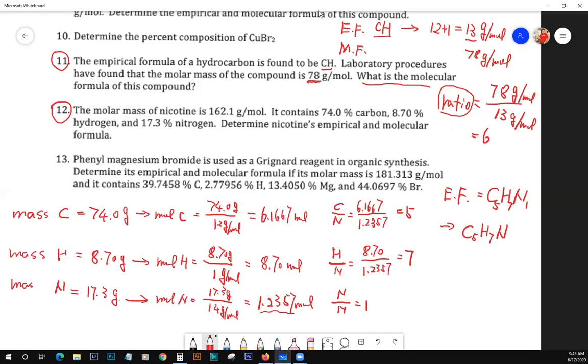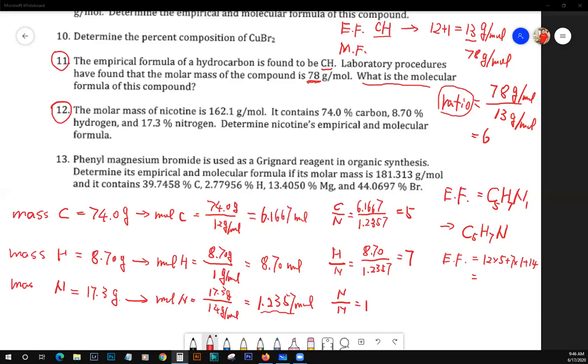Based on this, you can figure out the molar mass of this empirical formula. That's 12 times 5 plus 7 times 1 plus 14, so 81.